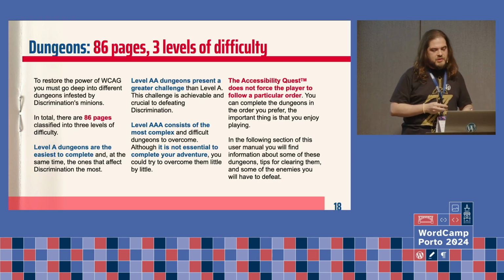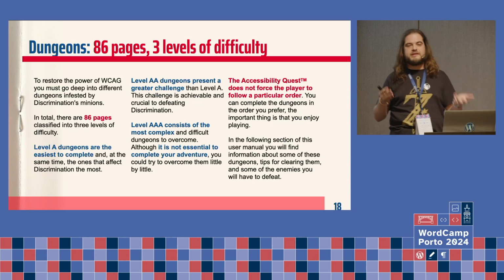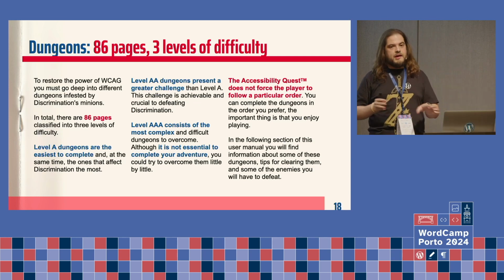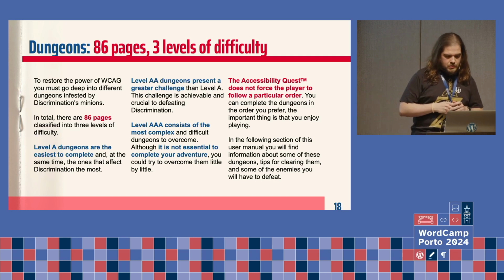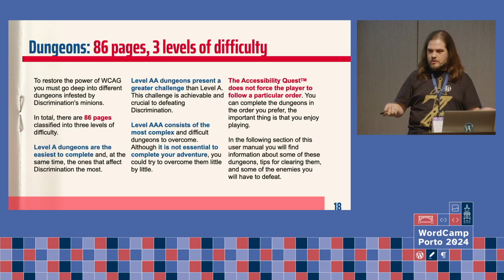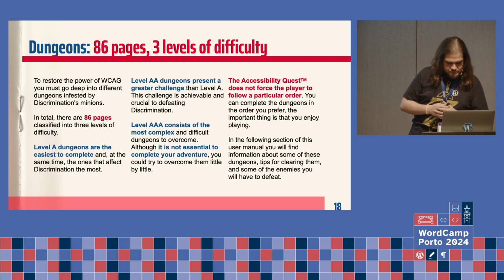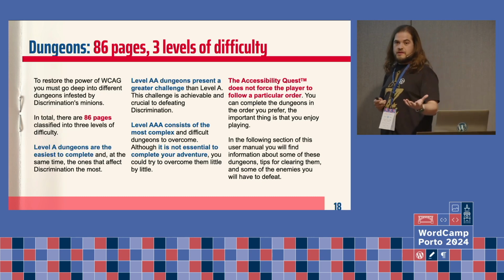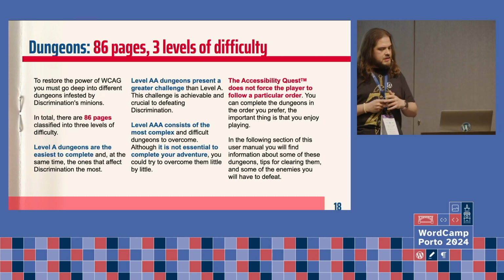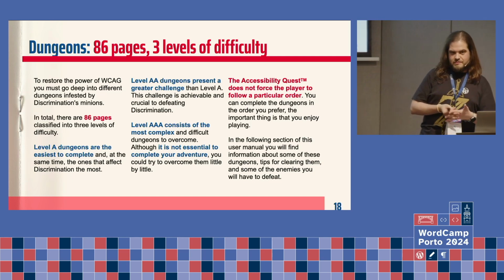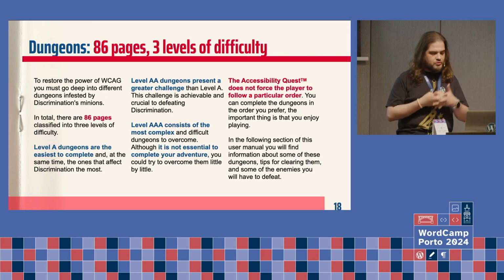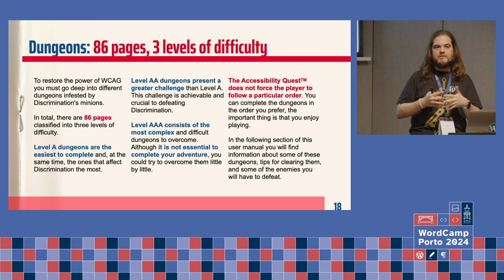And level AAA consists of the most complex dungeons in this game, and you don't need to win in these dungeons to finish the game. The most important thing is that you have to remember that the Accessibility Quest does not force you to follow a specific order. You are free to choose where you want to go and what you want to do.